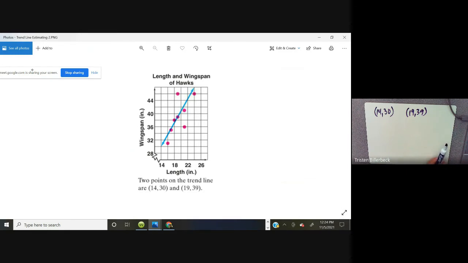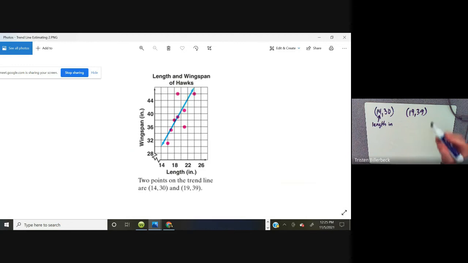Okay, we look again to see, well, what is this length? The domain is length right here. So we're going to note that this is length in inches, and we're talking about the length and wingspan of hawks. So our range is the wingspan.